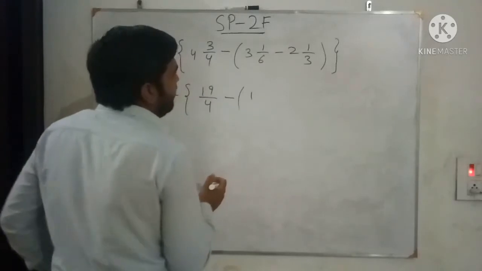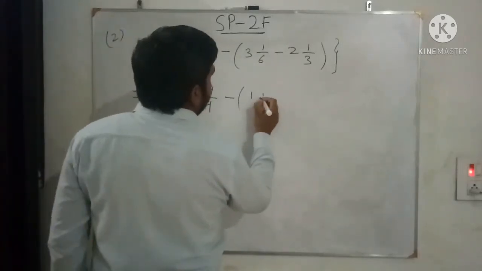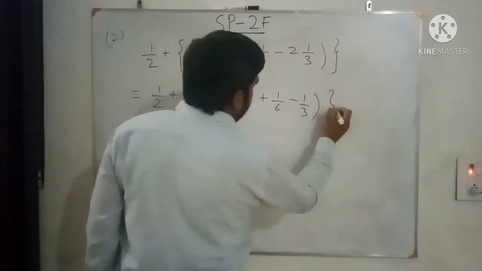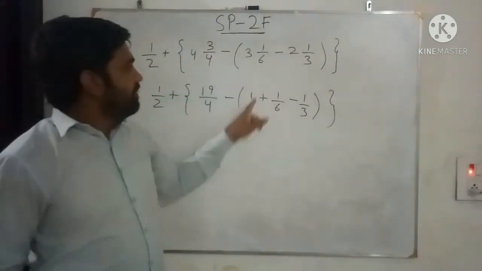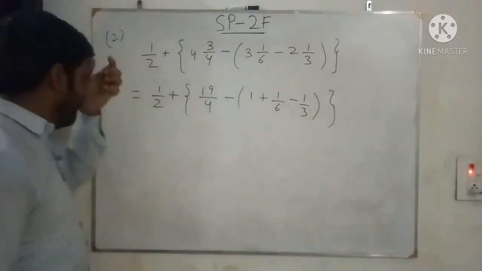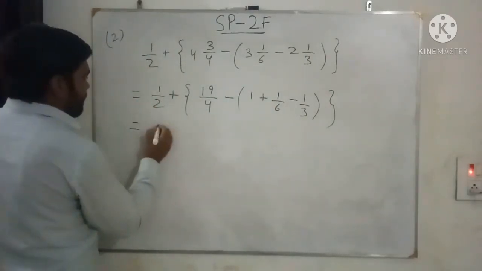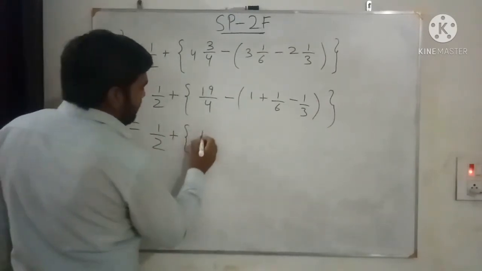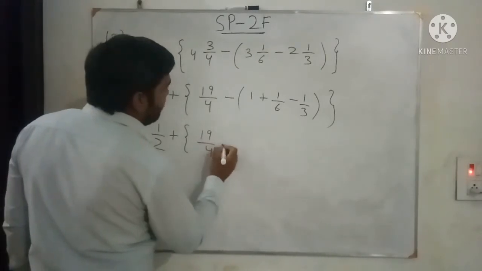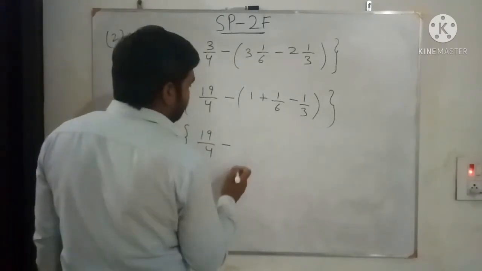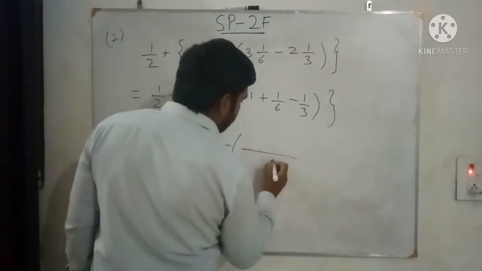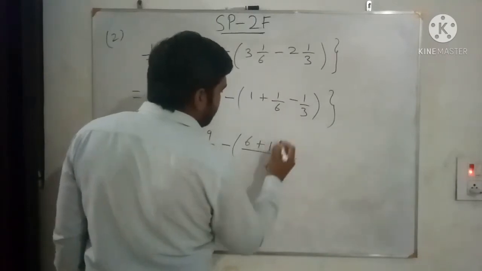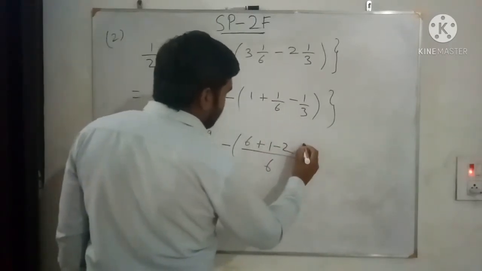Plus 1 by 6 minus 1 by 3, by 4. Now here we find the LCM, 6. 6 1s are 6, already 1. 3 2s are 6, minus 2.